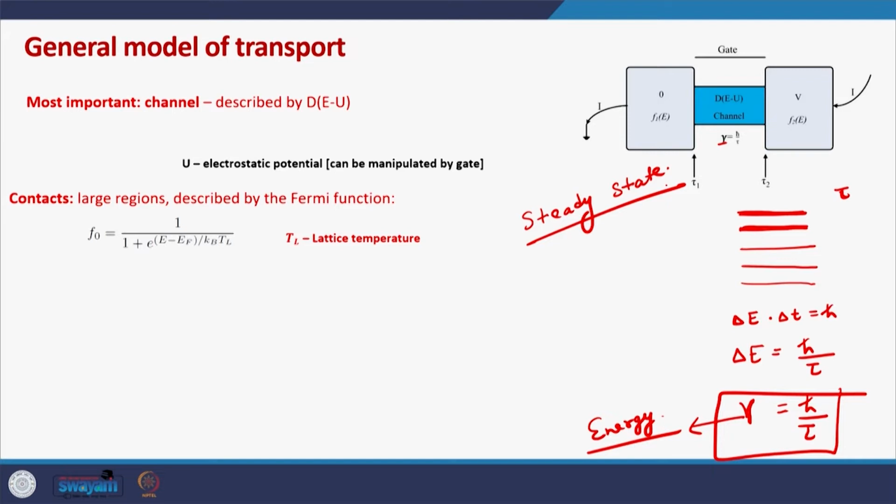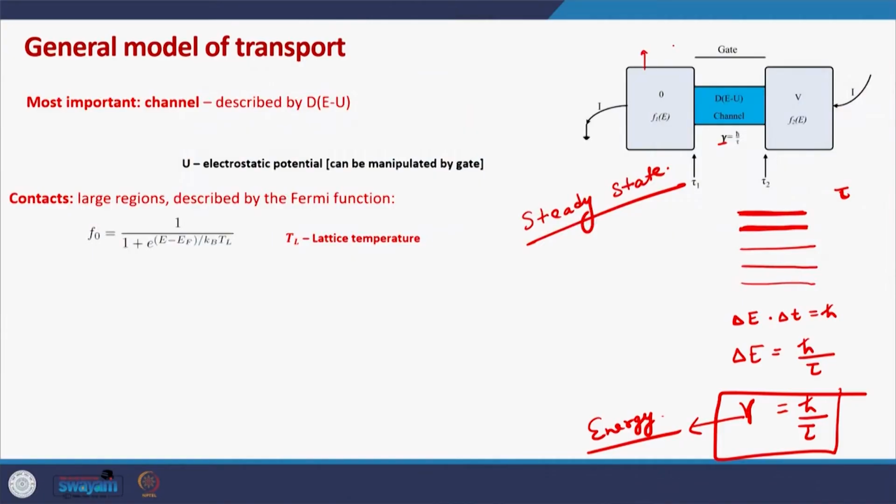Okay. And there is an important observation, or even an approximation, that we need to make here: that the contacts are large and electrons undergo inelastic scattering in the contacts. What it means is that electrons' energy is not preserved during collisions when they collide with each other or with the other atoms in the contacts.